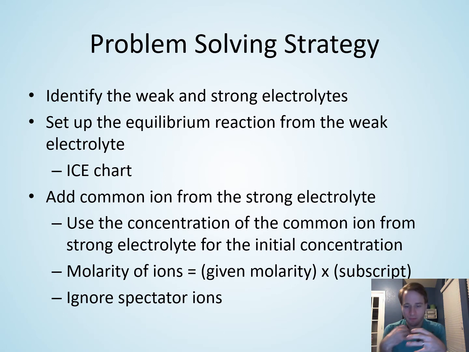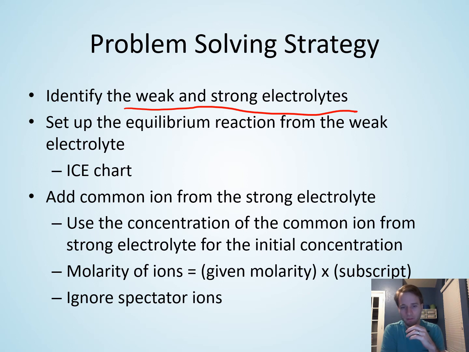So if I have some problem related to this, often what we'll need to do is identify, in this problem, that I have some weak and some strong electrolytes, and they have a common ion. Like that example where I had acetic acid and sodium acetate, I have this common ion, the acetate ion.